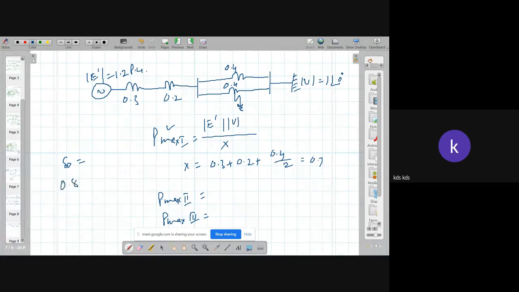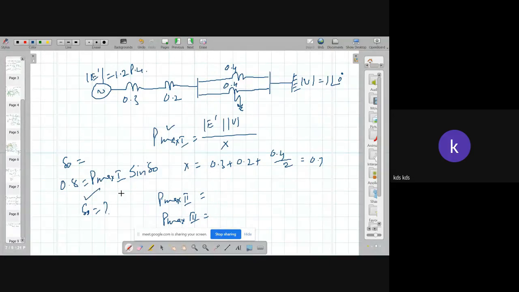So 0.8 is equal to P max 1 sine delta naught. This is the expression for the value of electrical power which is being transferred under normal operating conditions. So from here P max 1 you can determine, so delta naught is determined.